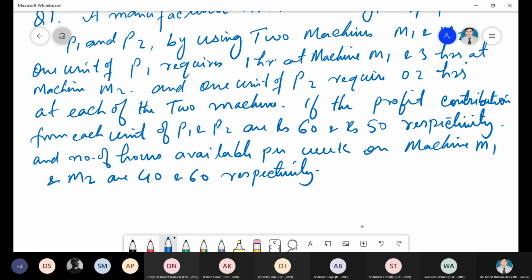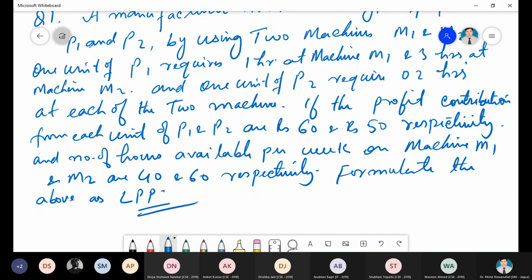Formulate the above as an LPP. We have to formulate this as an LPP. We will talk about solving later, we go for the method of solution, but first we have to formulate this as a linear programming problem.